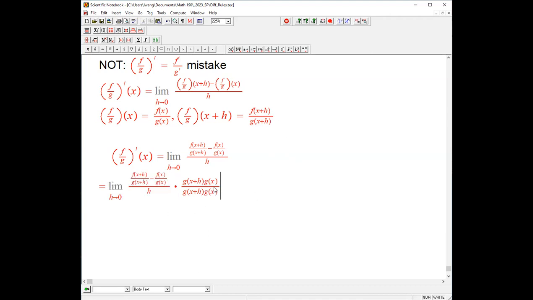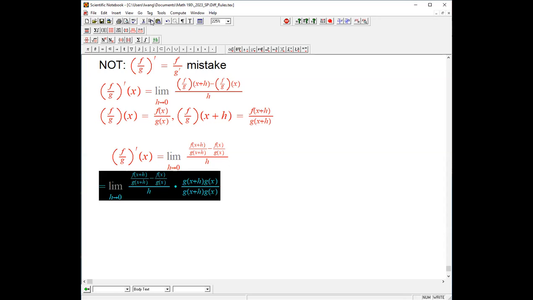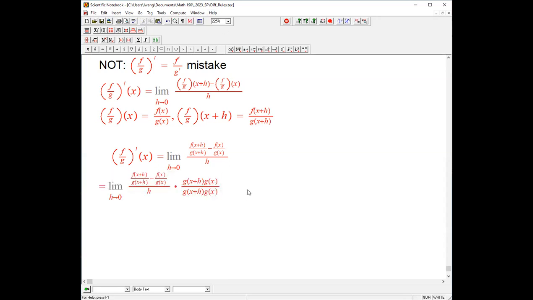Why do we have to do this, by the way? Well, because we have a 0 divided by 0 case, limit law does not apply. We have to manipulate it algebraically to create some individual limits that exist so that we can separate. So we're doing this algebraically because we cannot apply limit law directly.